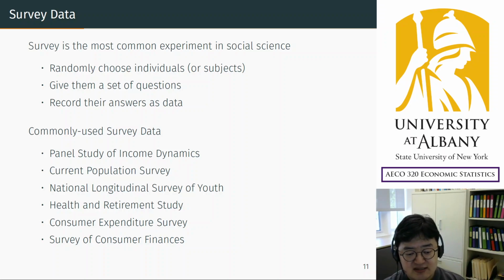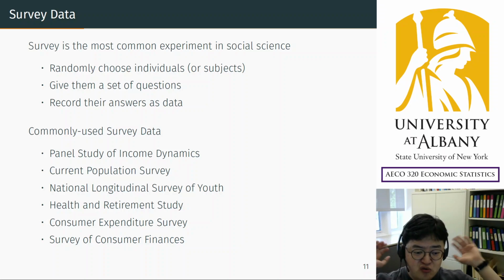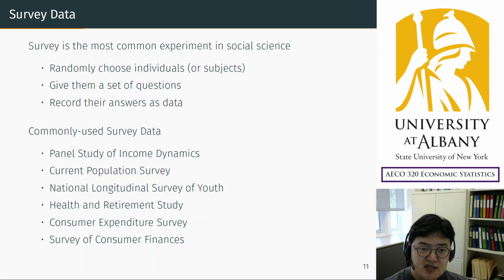If you have the census data, assuming that you don't miss anyone, and you really meet every single person in the United States, then you don't need to do any inference. You know the answer. The truth is in the census data. So that is purely computation, not statistical inference.